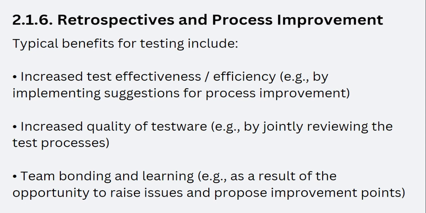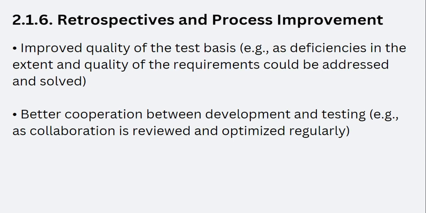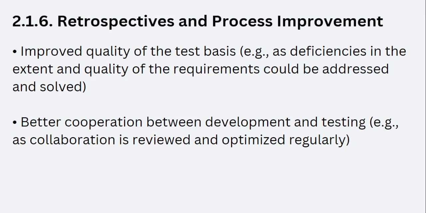Another one, team bonding and learning, as an example, as a result of the opportunity to raise issues and propose improvement points. Enhanced quality of the test basis, for example, addressing deficiencies in the extent and quality of requirements. Another one, improved collaboration between development and testing, as an example, regular review and optimization of collaboration practices.